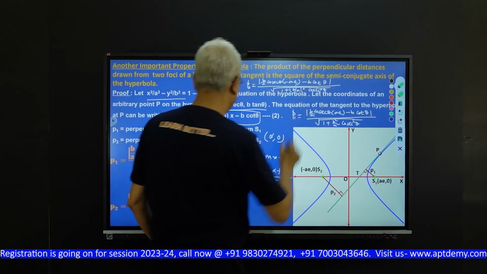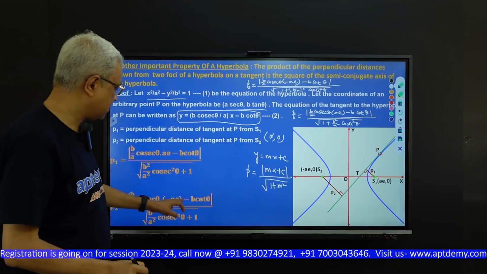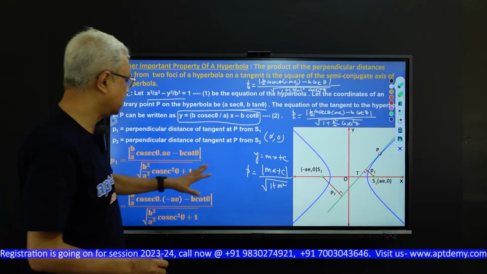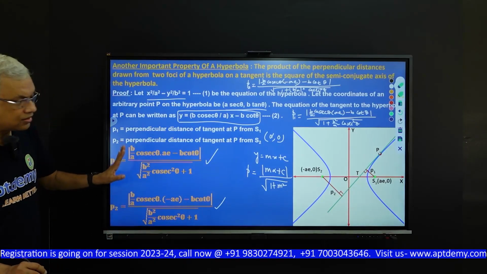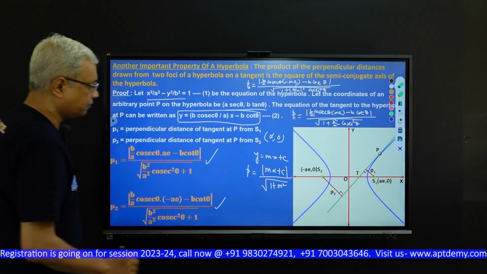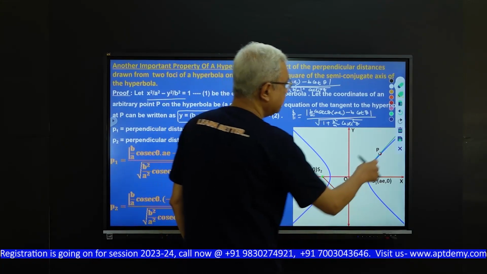Simple. So these are the perpendicular distances; their expressions are like this. Simple application of this. Okay, now let us evaluate P1 and P2.